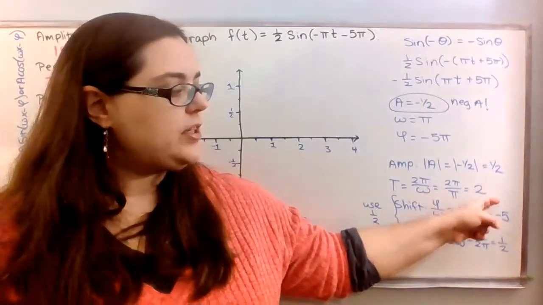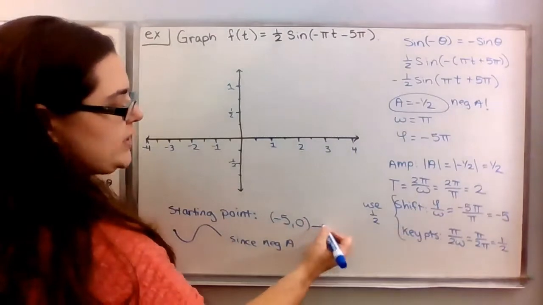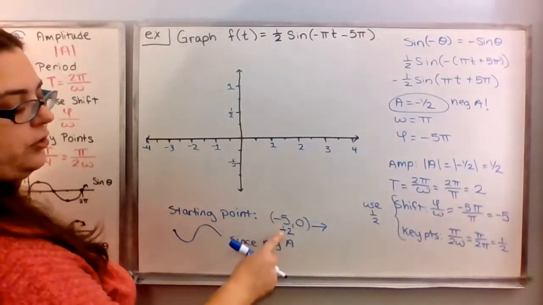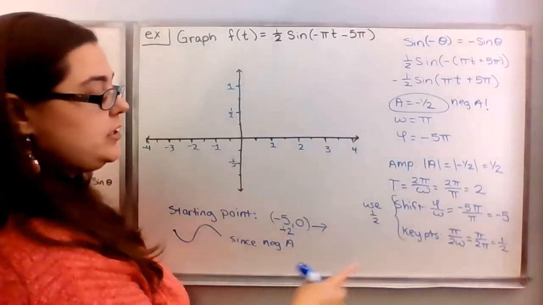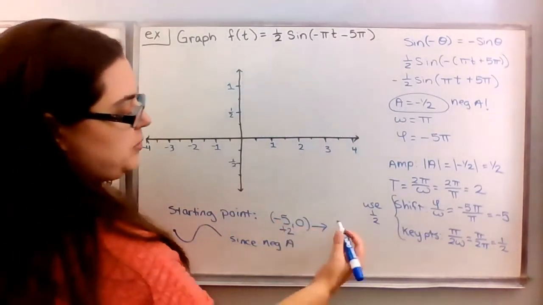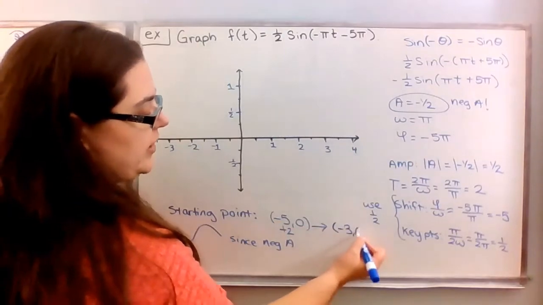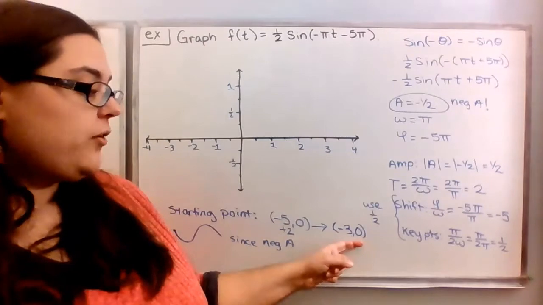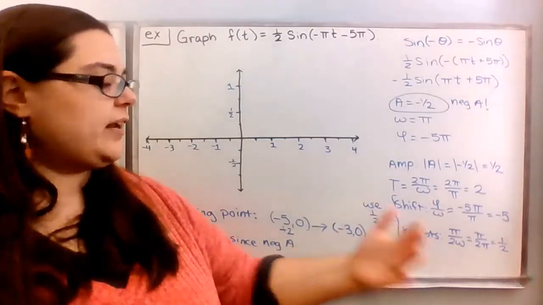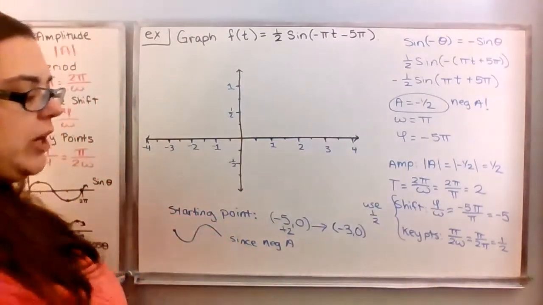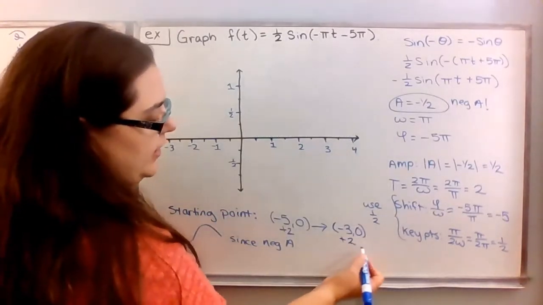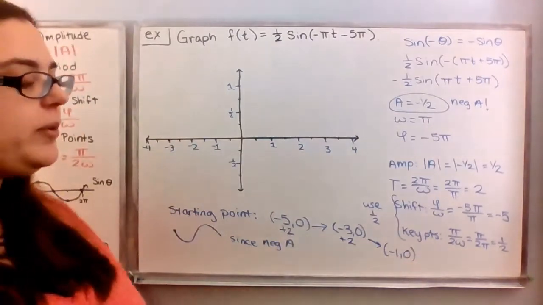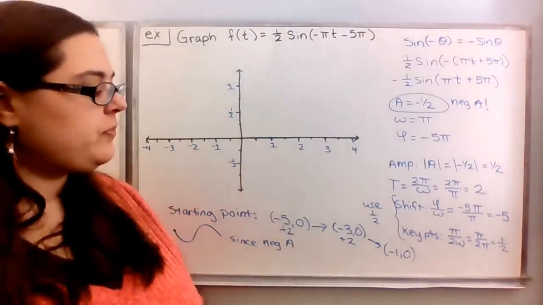Because our period is 2, I'm going to add 2 to that x value to get a new starting point. -5 plus 2 gives me -3, 0 as my new starting point. I could also add another 2, which would get me to -1, 0. So if I wanted to, I could start at -1, 0. That would be another option for this function.